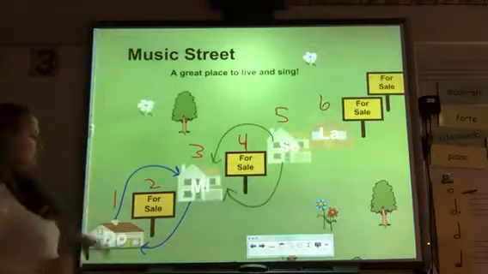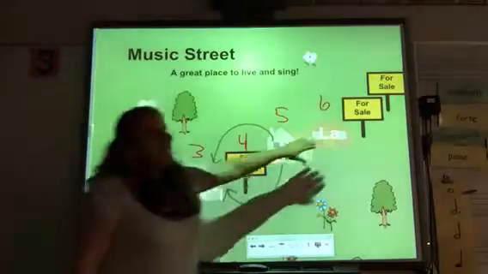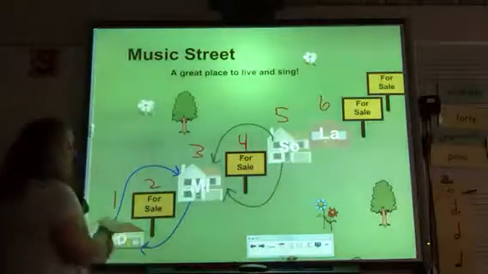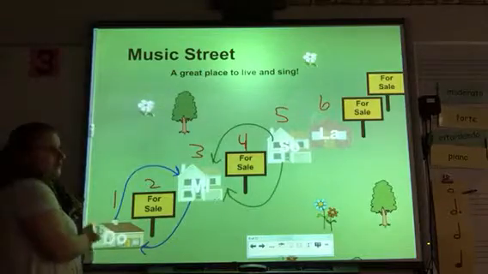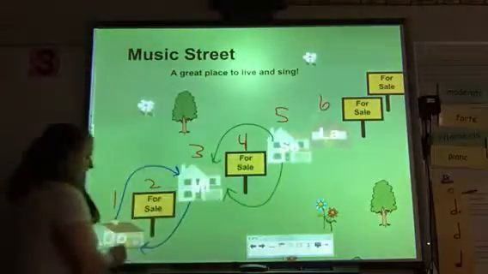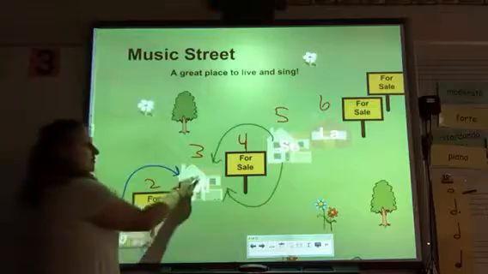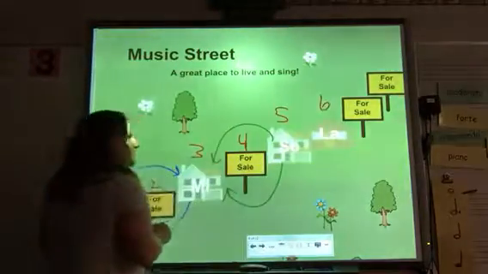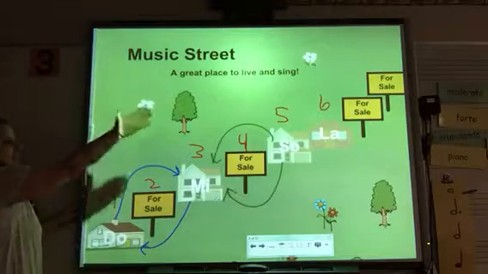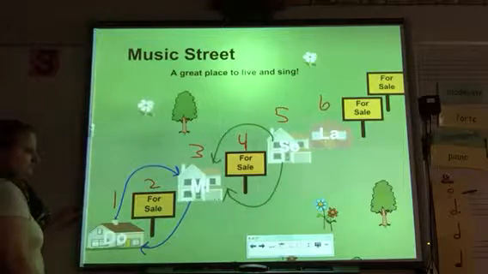Let's look at the relationship between do and la. How many houses or lots would do have to go over in order to reach la's house? Let's count. 1, 2, 3, 4. We're going to be going over many different homes.